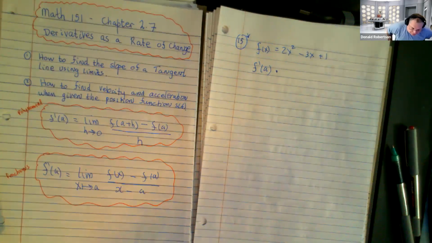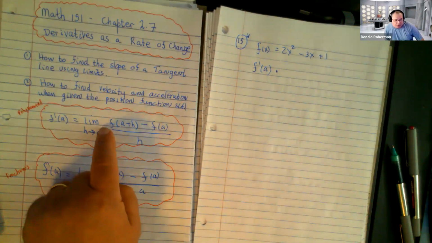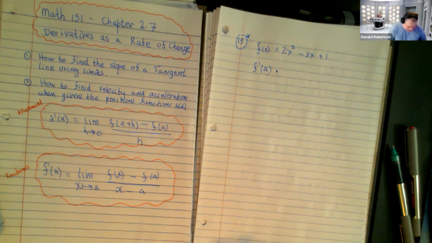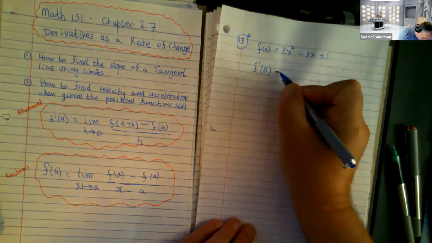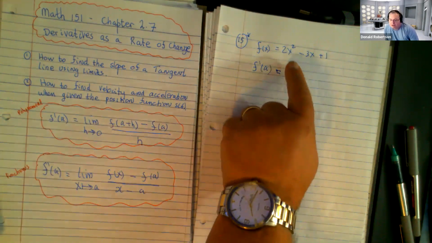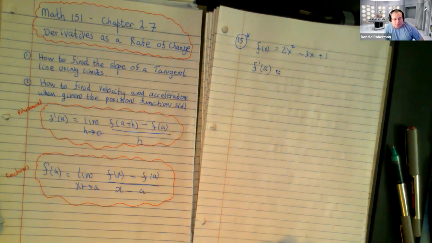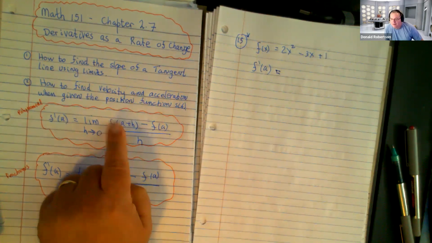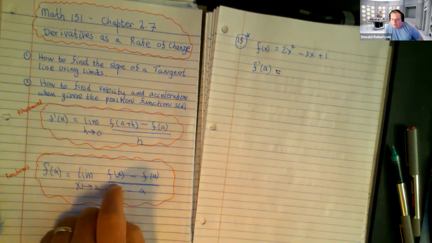You could use either method. And for a quadratic, it doesn't really matter. The math isn't that much different. But if that had been 2x cubed, for instance, please use the top one. Just trust me, you do not want to do it with this one. The algebra is scary, right?